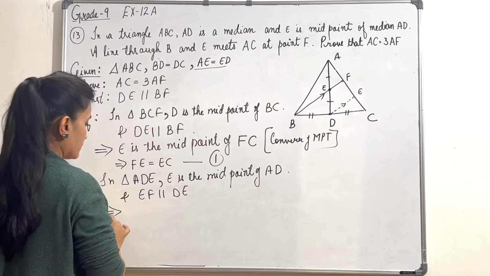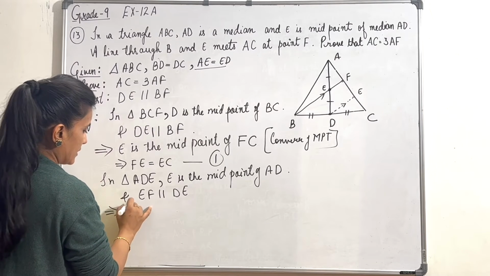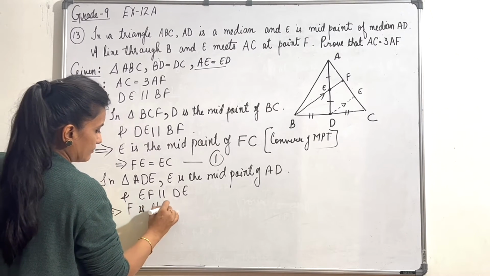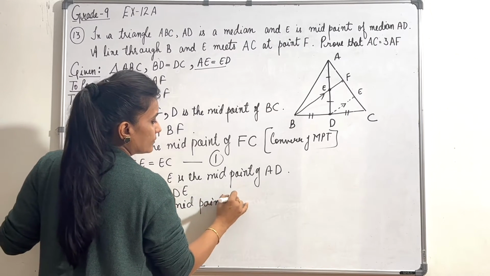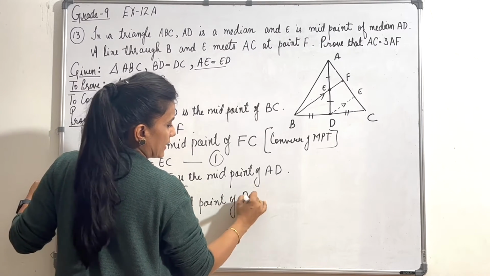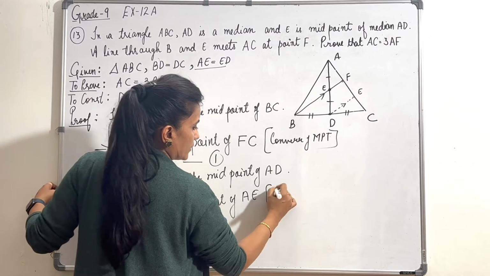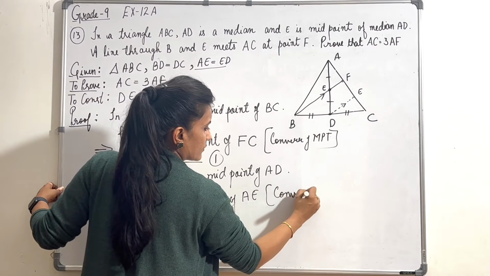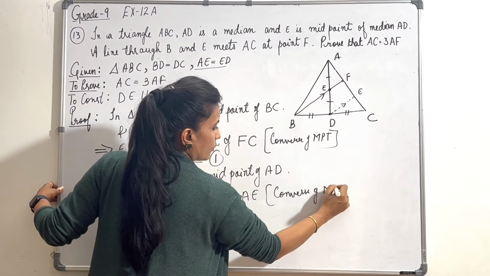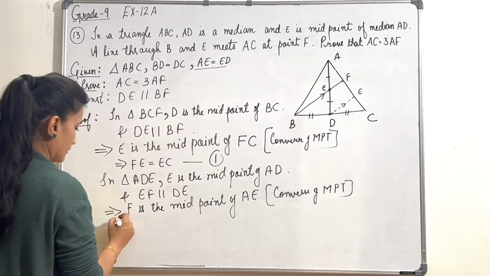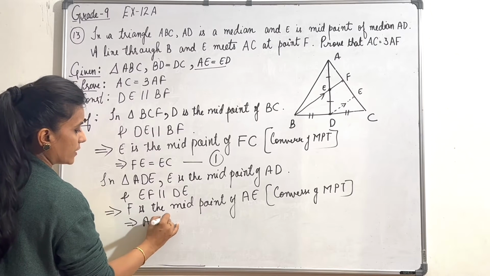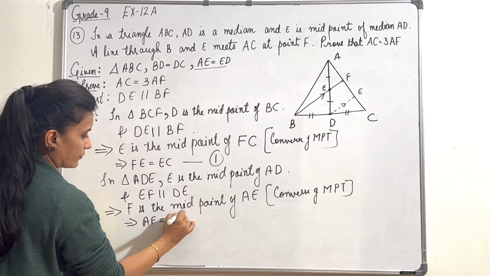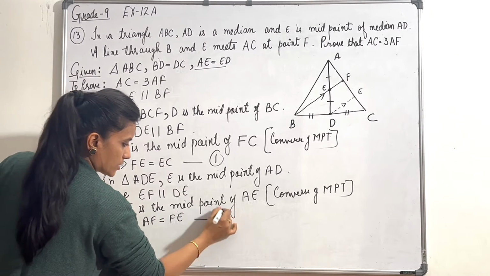This implies F is the midpoint of AE from the converse of midpoint theorem. This implies AF is equal to FE. Let's say this is 2.